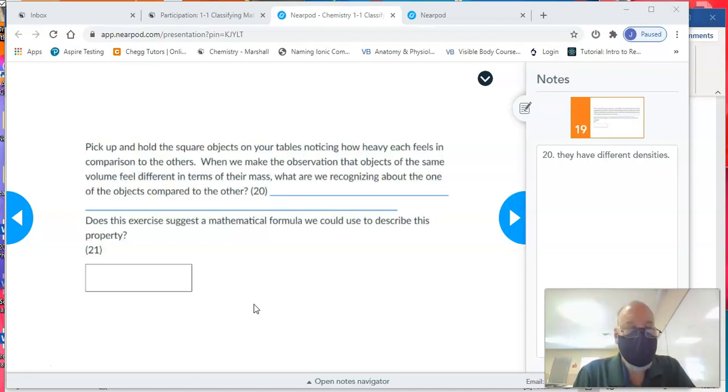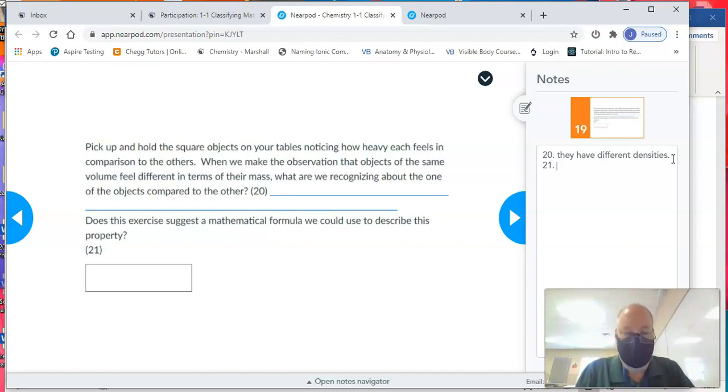Just by doing this exercise where I have blocks of the same volume but different masses, I can say that density equals the amount of mass in a certain volume. I don't really have to be Isaac Newton to figure this out. This is just something that should make sense from playing with these blocks.